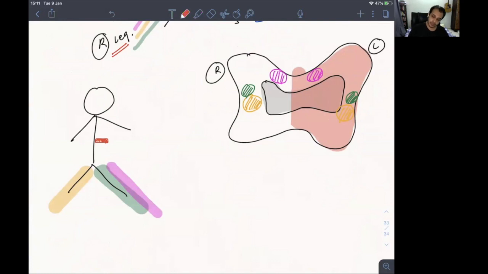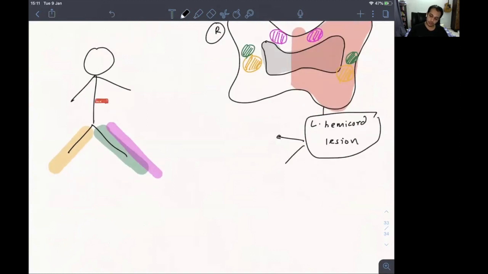So if there is a left hemicord lesion, this will lead to right lower limb pain and temperature loss and left lower limb weakness and posterior column sensation loss.